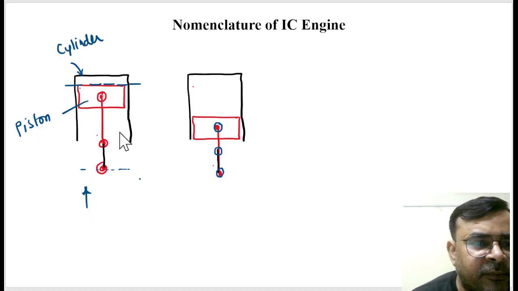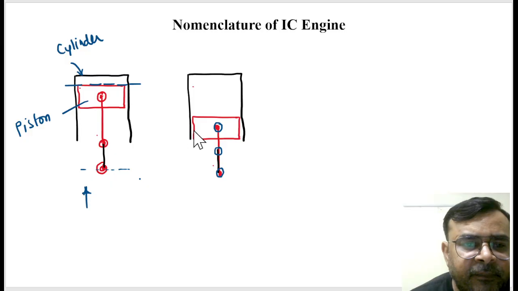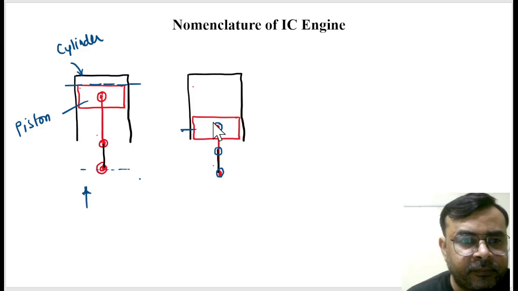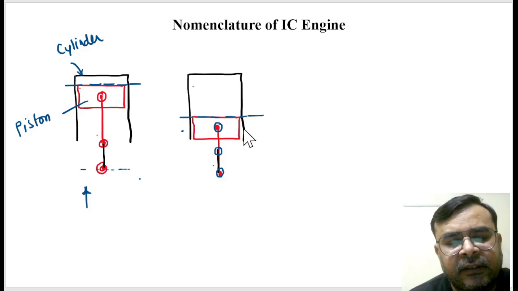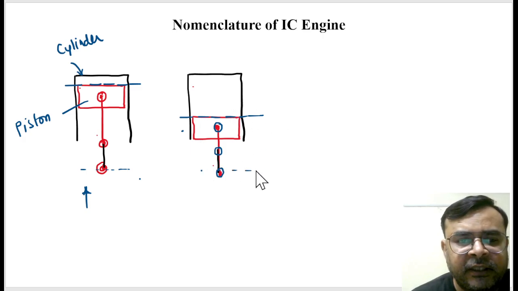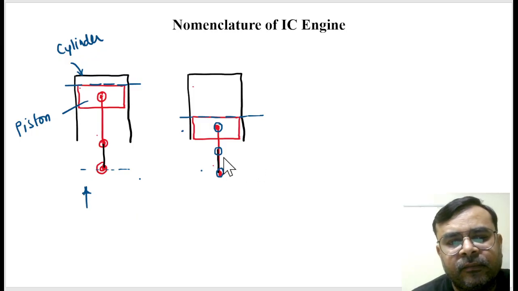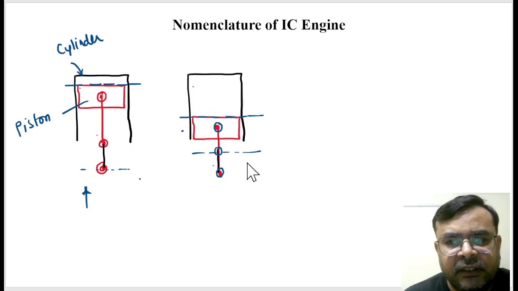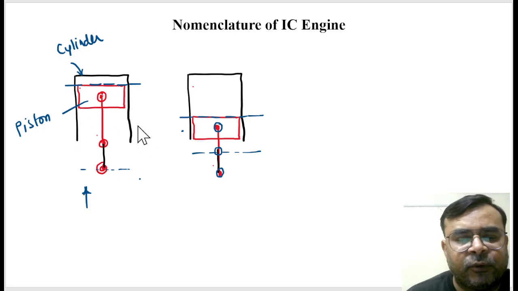So this is the furthest point, and if I say this is the top plane of the piston, then can I say this is the bottommost position? Yes or no? So can I say this is the nearest position from the crankshaft? Yes or no? This is the nearest position, and this is the furthest position.